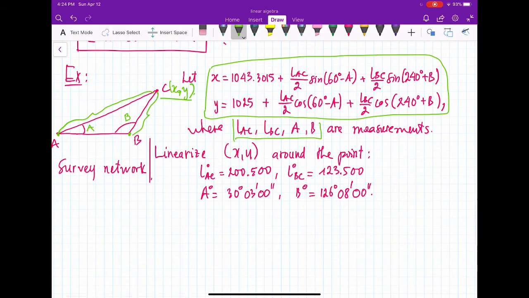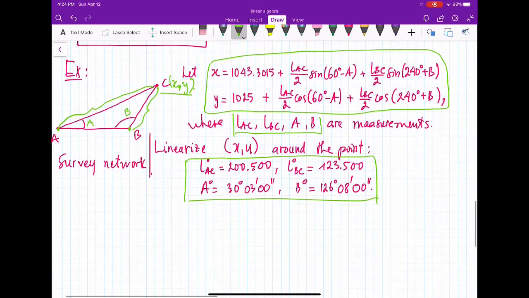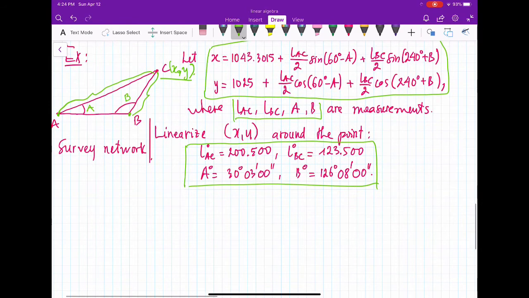Make sense? So we need to apply the Jacobian. We need to apply the linear approximation or Taylor approximation around this point. Okay? So first we need to find the Jacobian of this function.